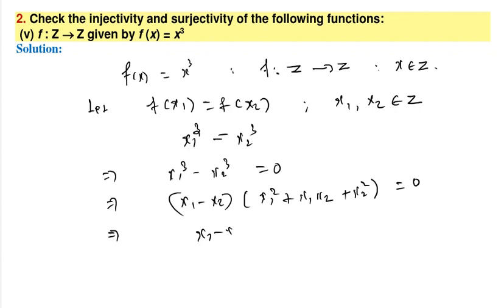So x1 minus x2 is 0. This implies x1 equal to x2, where x1, x2 are integers. Now we can conclude that mapping f is injective.